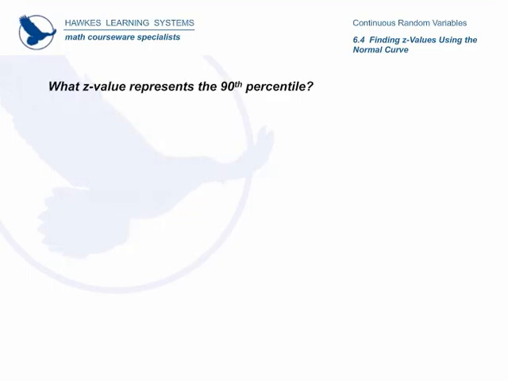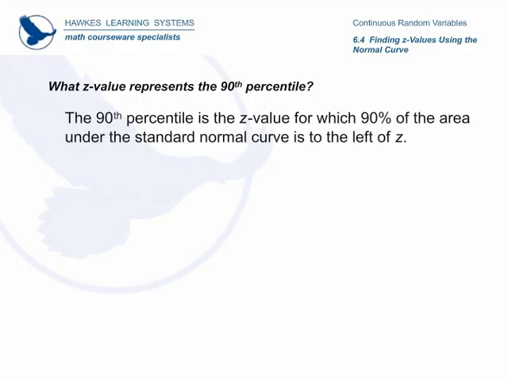Now let's take a look at z-scores and percentiles. What z-value represents the 90th percentile? The 90th percentile is the z-value for which 90% of the area under the standard normal curve is to the left.